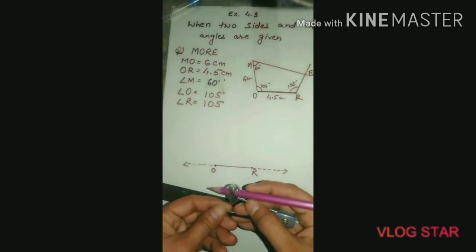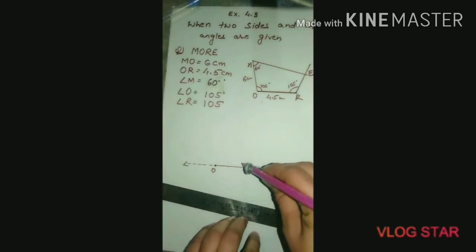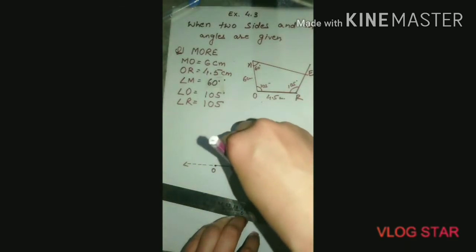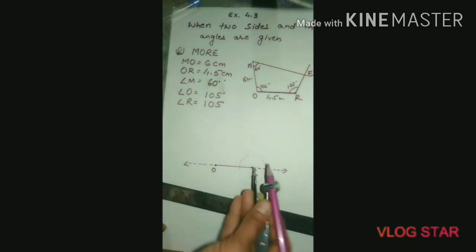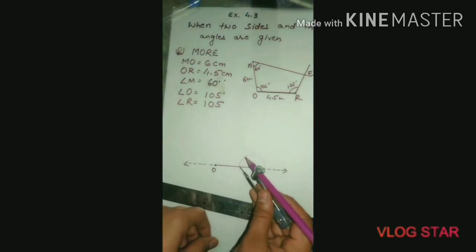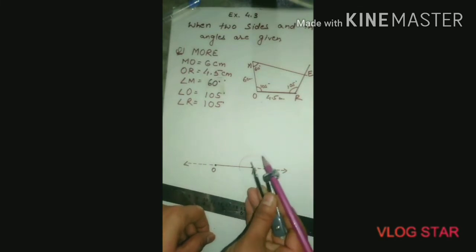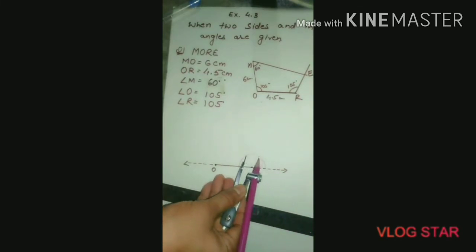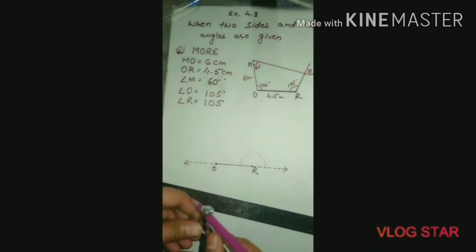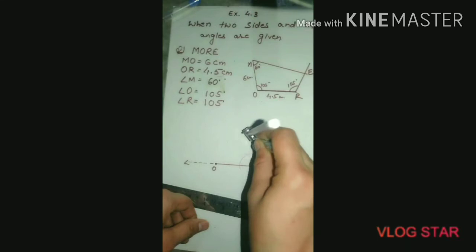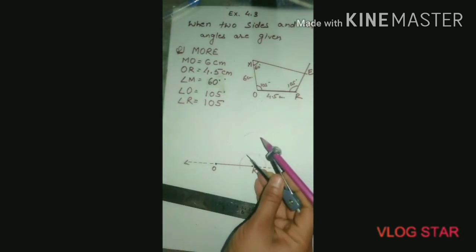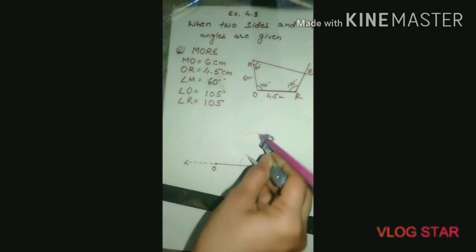At point R, just make a semicircular arc to construct 90 degree angle, 60 degree arc, 120 degree arc. Then extend this point, draw the arc like this and like this.